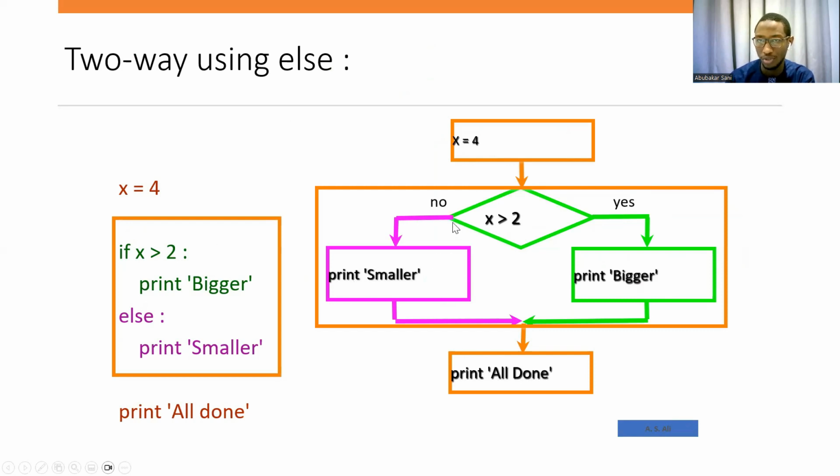What you saw earlier, the one-way decision, was just this part for the yes. For the no, nothing happens. But now we also want to handle the no part if the condition returns false, which you can call otherwise. So if x is greater than 2, print bigger, otherwise print smaller. This is what we do with the if else statement.